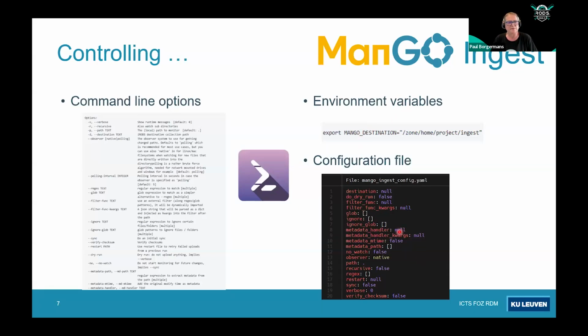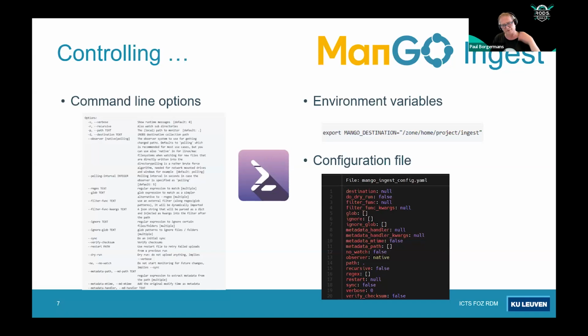You can also set some environment variables, and then finally the really commanding power can always come from command line options that will override the settings from your configuration file. So all in all, it offers, we hope, quite some power for end users, and especially, as I said in the beginning, to lower the barrier for researchers to get their data inside of iRods, and not only the data, but also, if possible, the metadata.